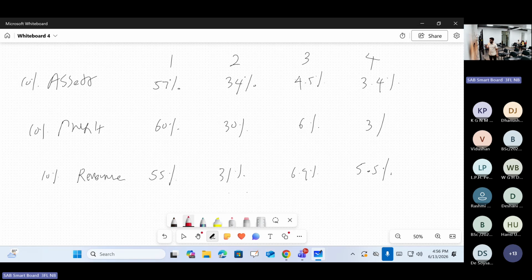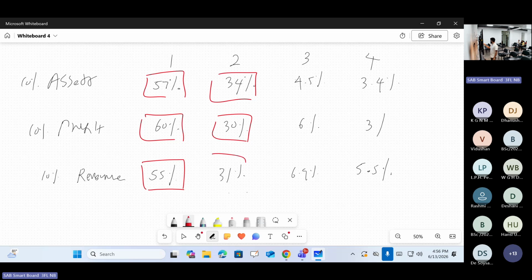But how to find this percentage? So after completing this, you need to identify which are more than 10%. What are the segments?